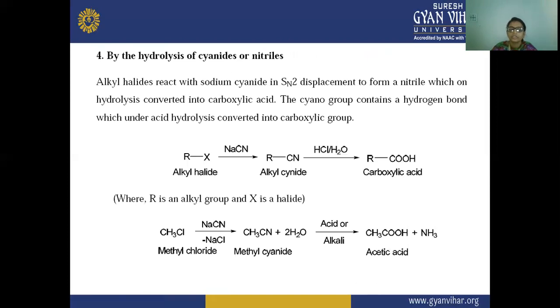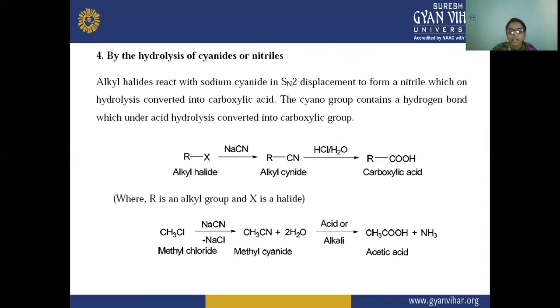Now, next reaction is here, by the hydrolysis of cyanide or nitrile. So here, cyanide or nitriles are hydrolyzed and there is a formation of carboxylic acid. Here, alkyl halide is reacting with sodium cyanide in SN2 displacement to form a nitrile, which on hydrolysis is converted into carboxylic acid.